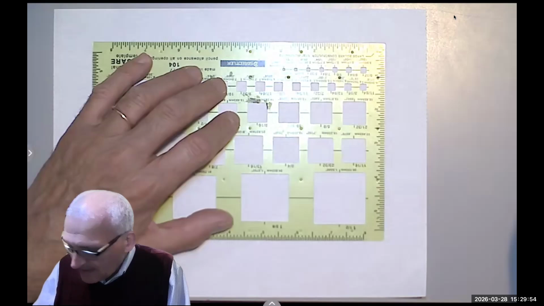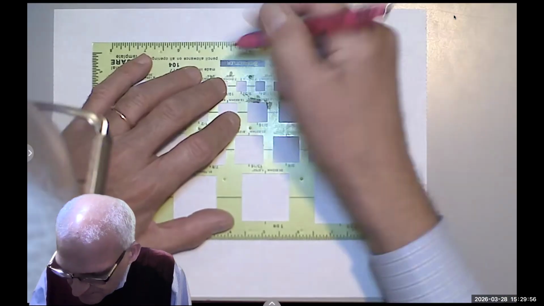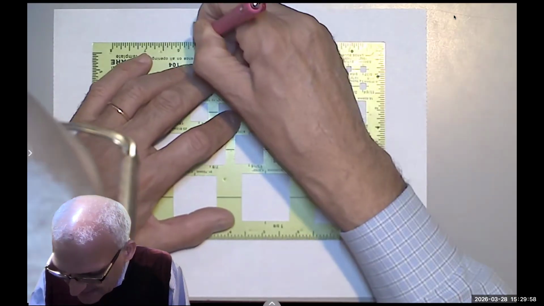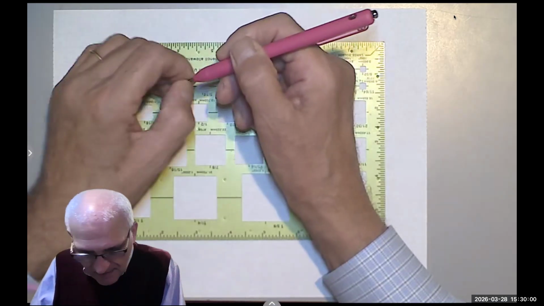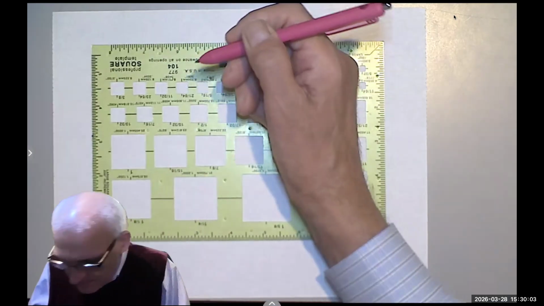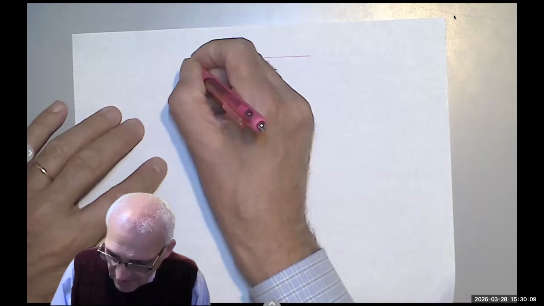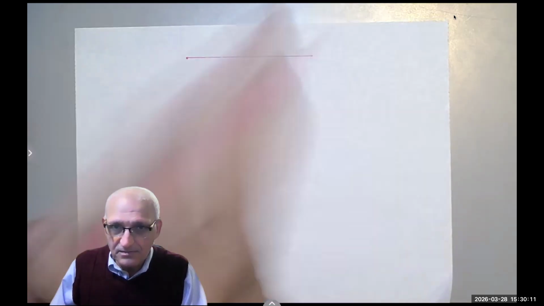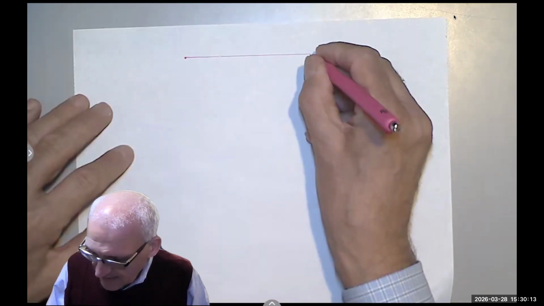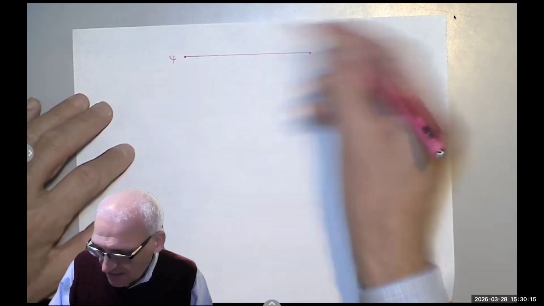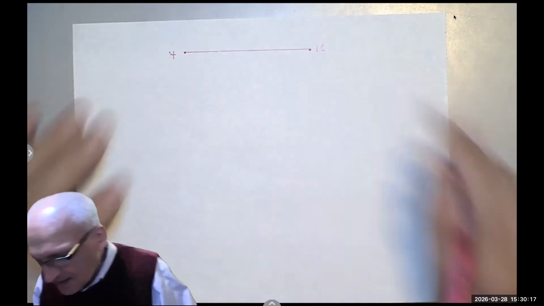So let's say you have a line here, and let's take a very simple case. Let's say this point is just on the x-axis. So very simple. And let's say this point is 4, and this point is whatever, 16.